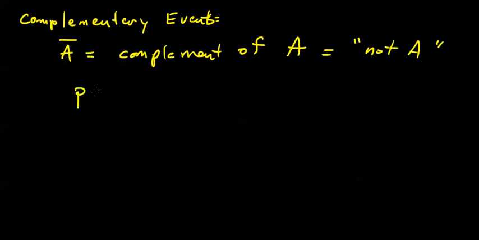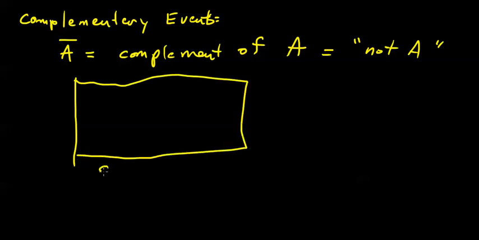If we look at the Venn diagram of A and not A, I think you know where we're headed here. Again, a rectangle represents our sample space, our universe of available events. If A is some body of sub-events, then not A, of course, is going to be everything outside of that circle A in our Venn diagram.